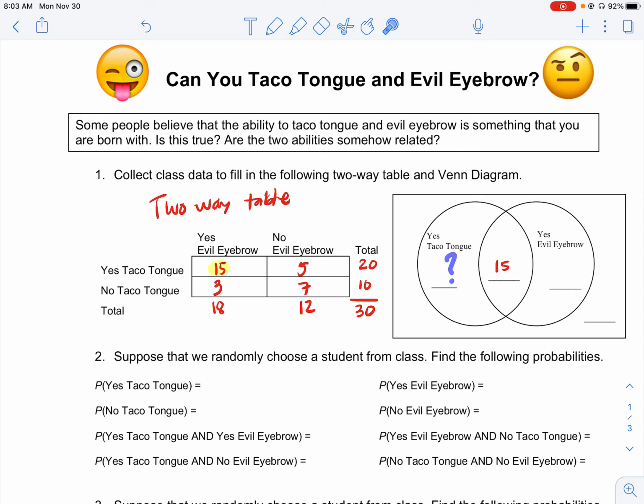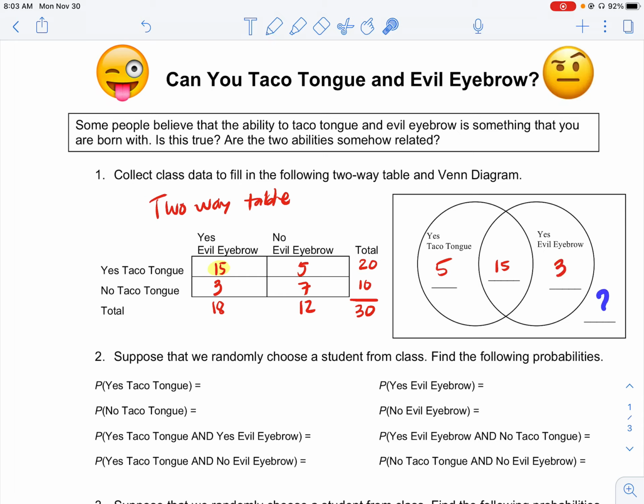This is the students who were able to do taco tongue but not evil eyebrow, and that is 5 people. And over here are those able to do evil eyebrow but not taco tongue, and that is 3 people.